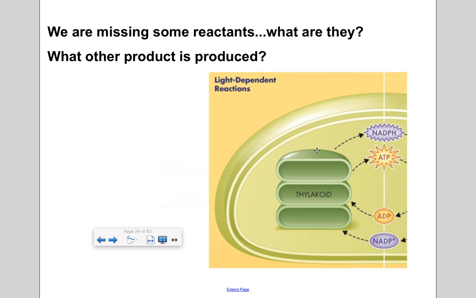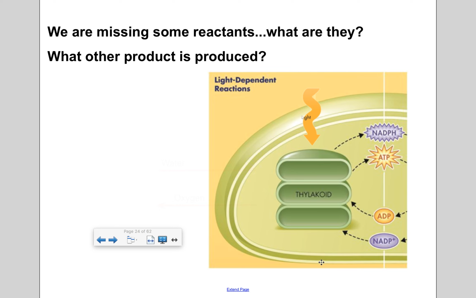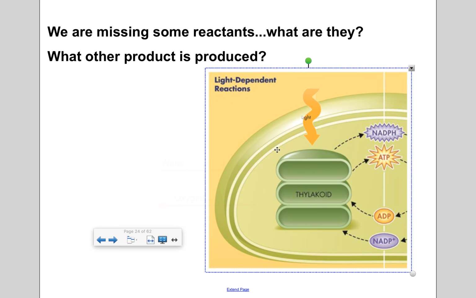So when I go back to this original diagram that I showed you, we're missing some reactants. What are they? Because really they're just showing us ADP and NADP+. We should be saying, hey, we're missing some light. What else does a plant take in? We're missing water.